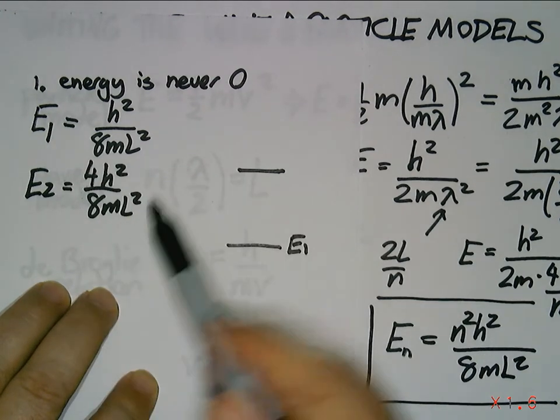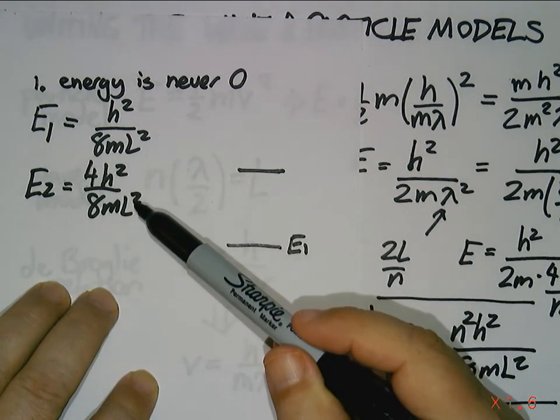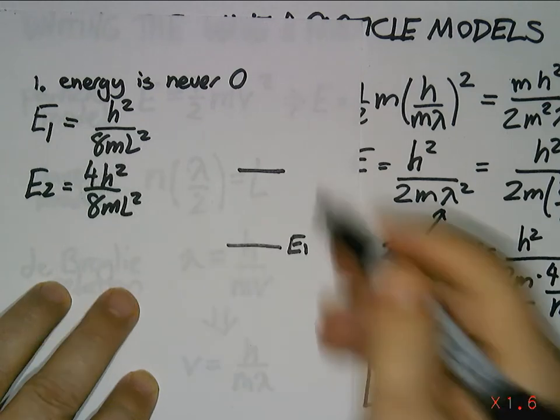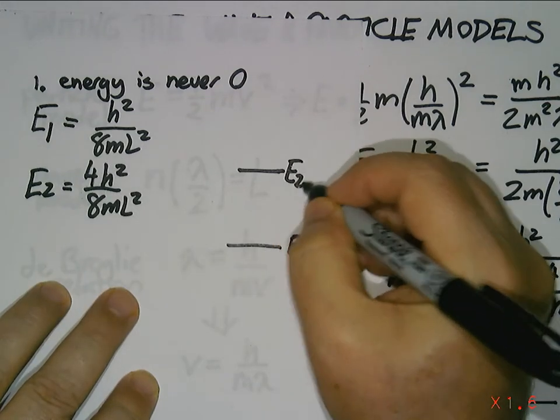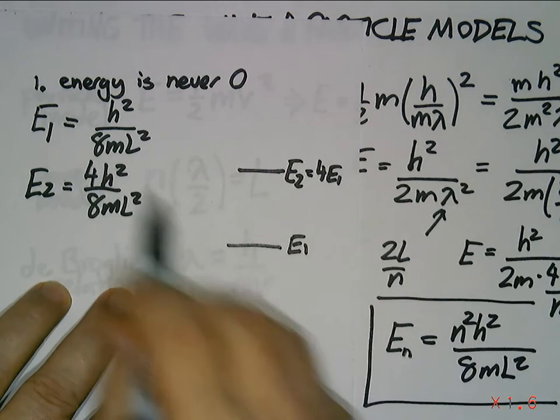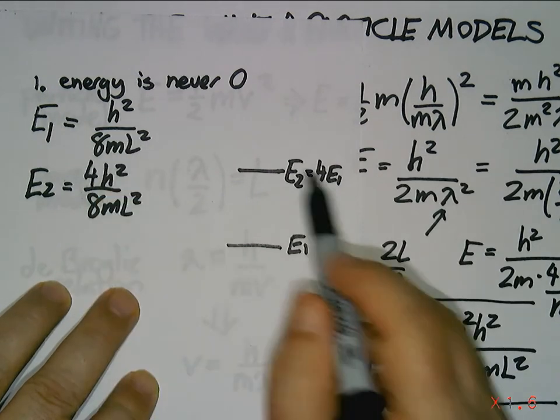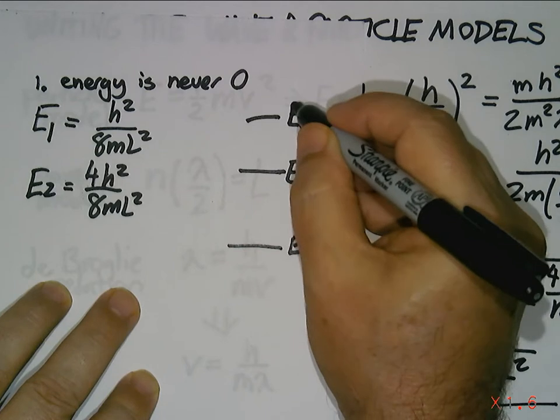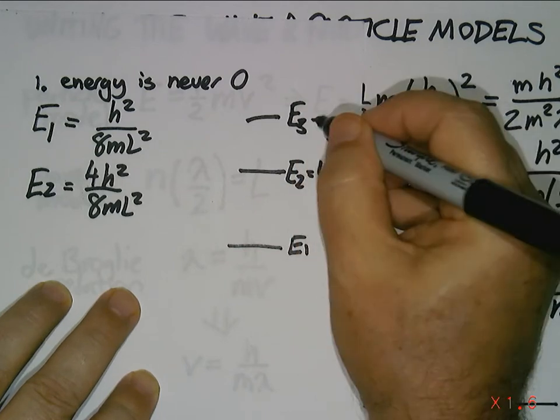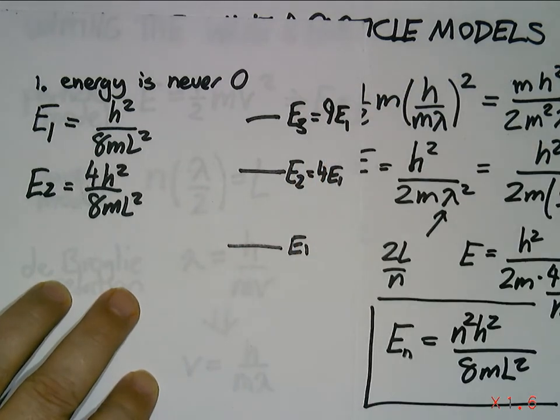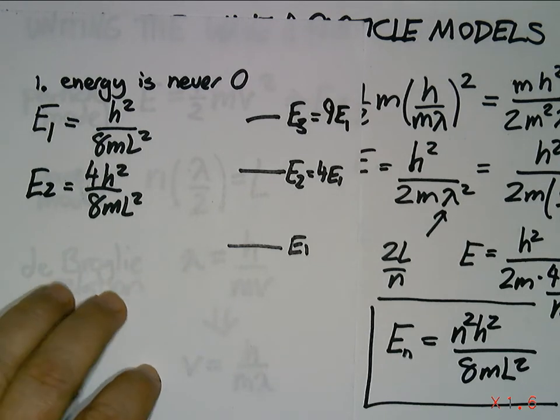Now you can see that what you got here is 4 times E1. So if you figure out what E1 is here, 4 times that is what E2 is. And then you can very quickly get the other energy levels. E3 is going to be 9 times E1.